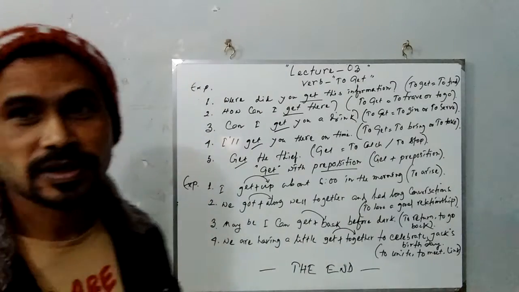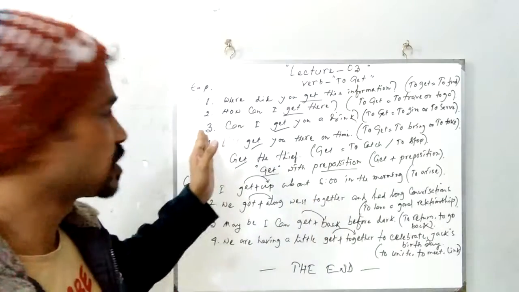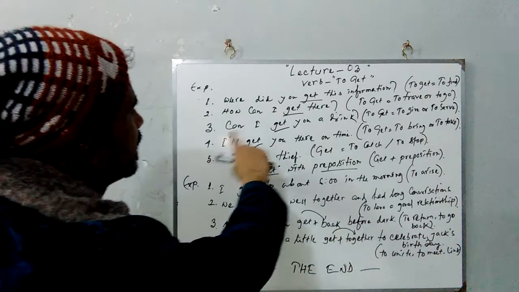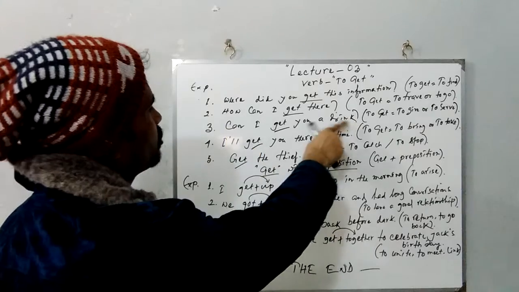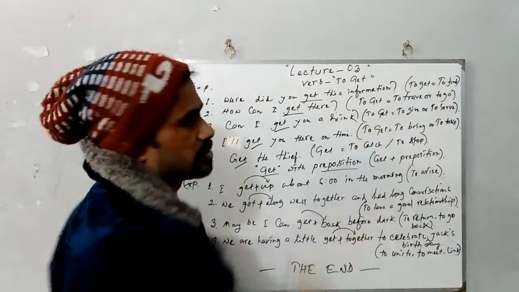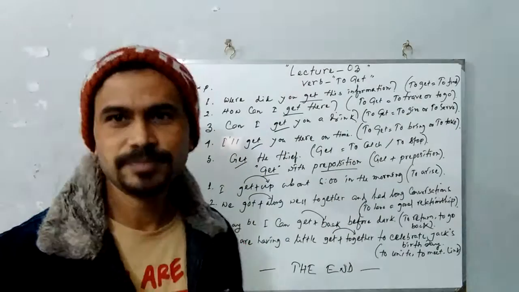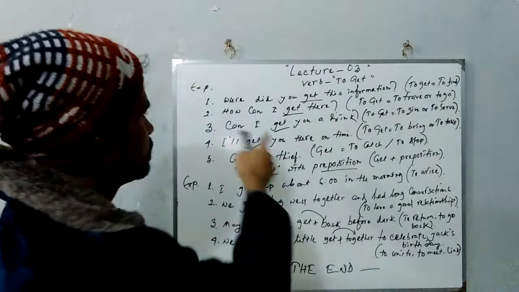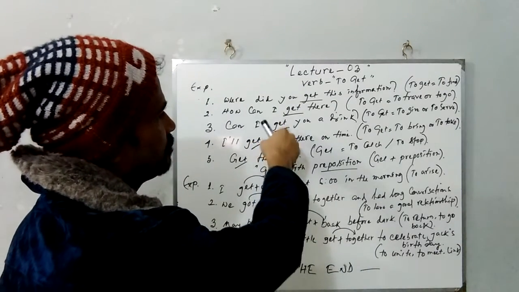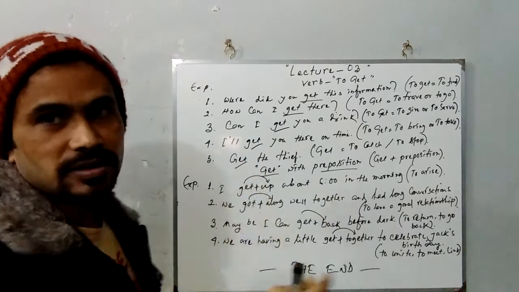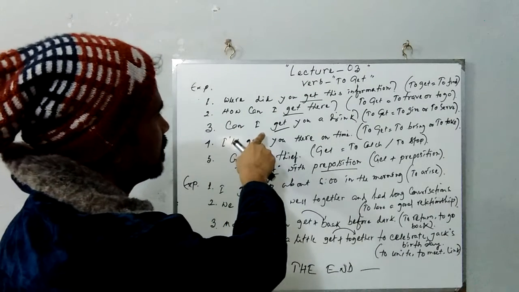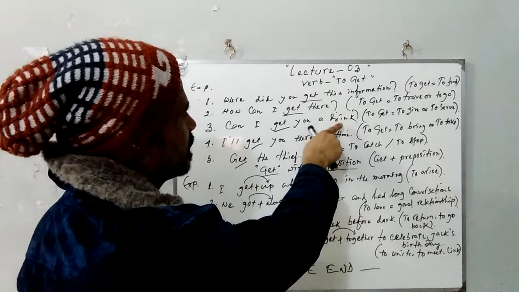So my friends, I would like to say number 3, can I get you a drink? Can I get you a drink? Here get means to give or to serve, okay? So instead of using get here, I would like to say, can I serve you a drink?